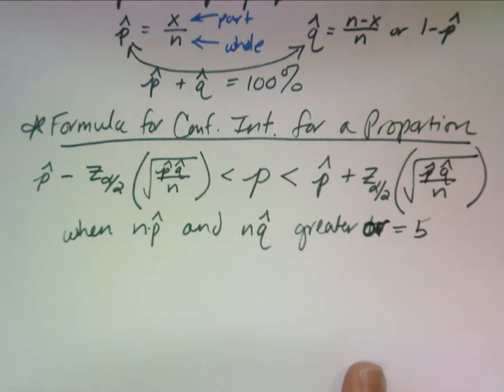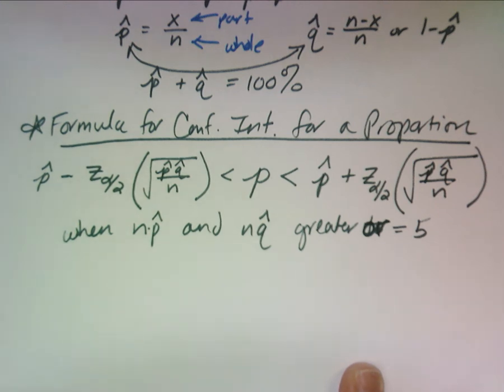I will tell you that in all of the problems in our book, N times P hat is going to be greater than or equal to 5. The only reason I'm telling you this, from tutoring kids who go into college level, is that I don't know why the college professor is like, oh, I'm going to throw you one where it's not, ha ha ha.